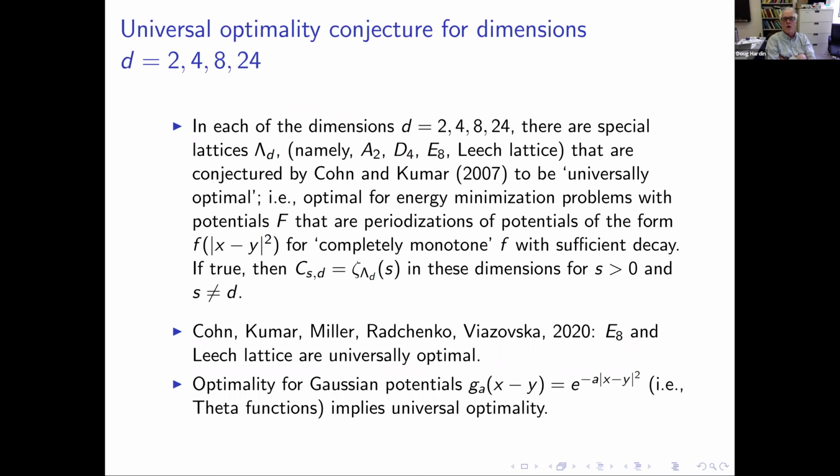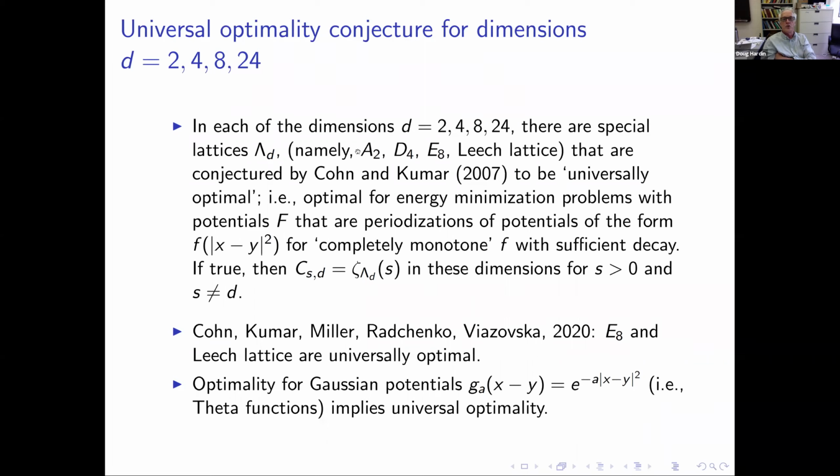For a while now, Cohn and Kumar have conjectured that, in various formulations of this notion of universal optimality, in dimensions 2, 4, 8, and 24 there are special lattices that are universally optimal.